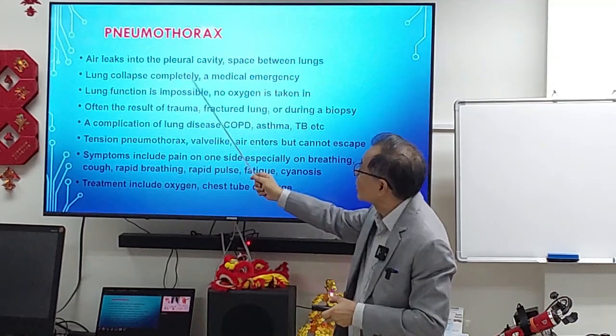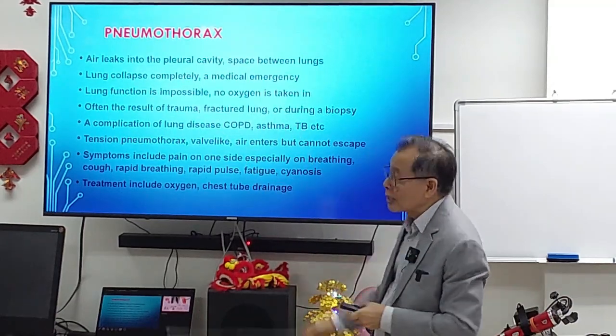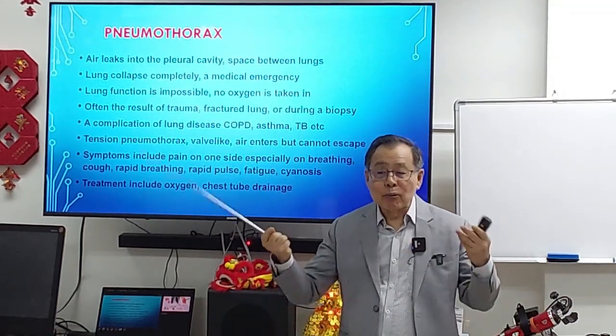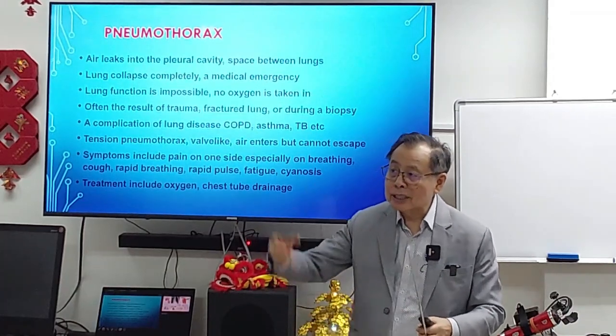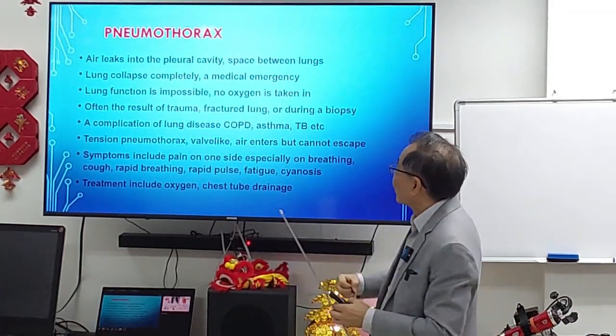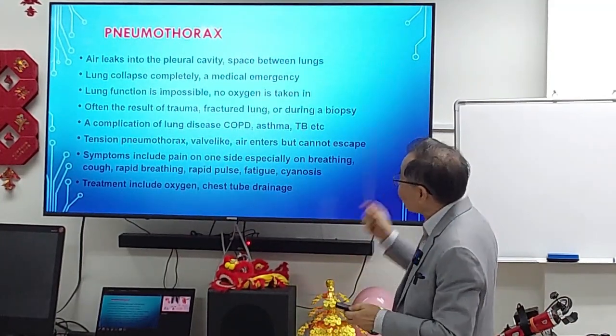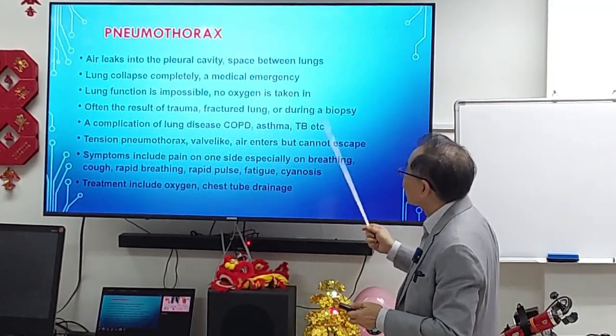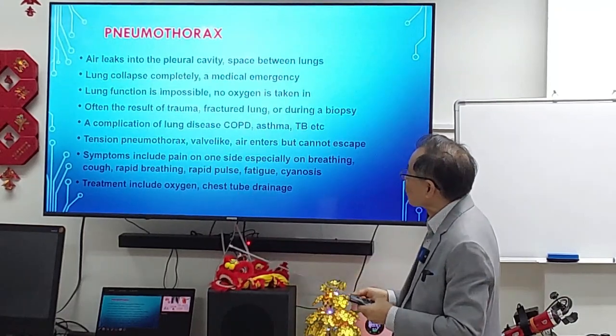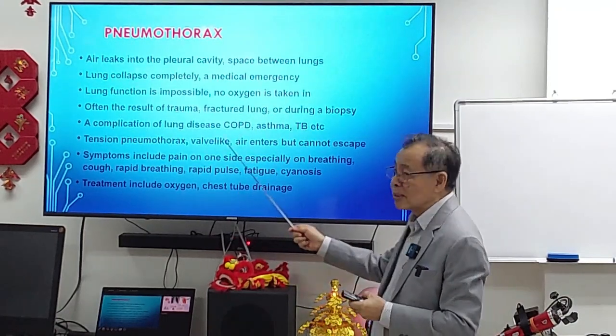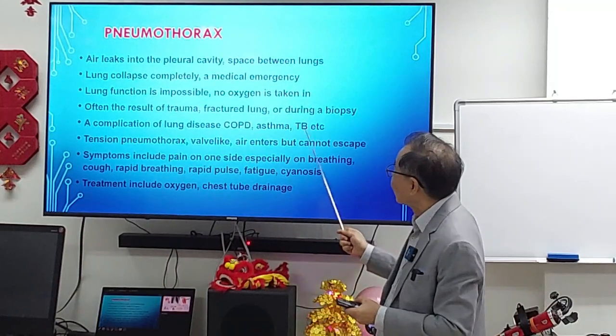The lung collapse is a medical emergency because your lung cannot function. When your lung cannot function, no oxygen is taken in, and it's often the result of trauma or fracture or while taking a biopsy. It can be a complication of lung disease such as asthma or TB.